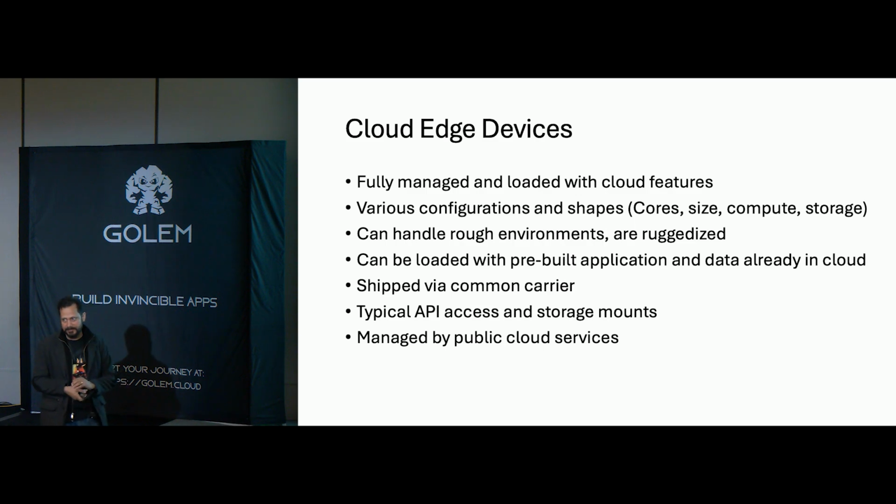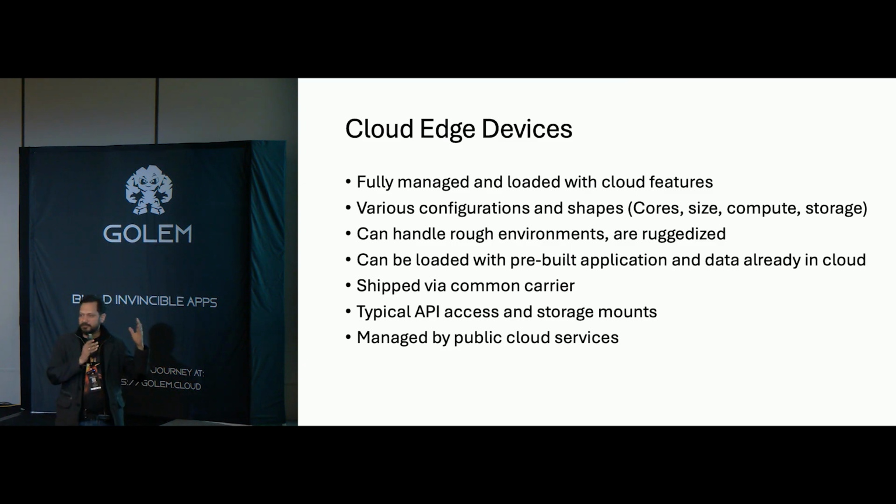So AWS provides that. These are very ruggedized, which means they are tested for harsh conditions, minus 40 temperatures. Some of them are even tested for bomb blast and stuff, right? So very ruggedized and still being able to function in rough environments. They can be loaded with pre-built applications, as we talked about, and data already in the cloud.